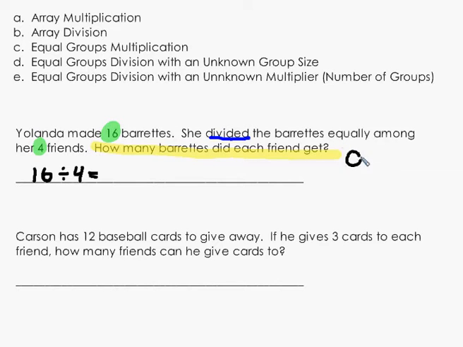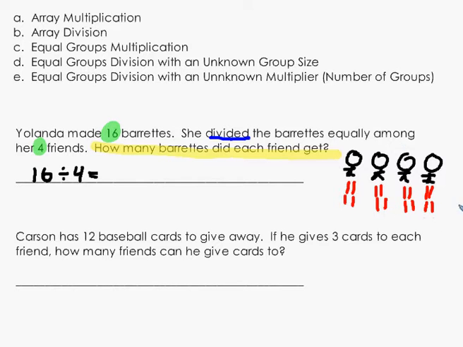And if I don't know what that answer is, I can do my favorite strategy, which is draw a picture. So here are Yolanda's friends. Remember, she has 4 friends, and she's giving each of her friends barrettes. 1, 2, 3, 4, 5, 6, 7, 8, 9, 10, 11, 12, 13, 14, 15, 16.